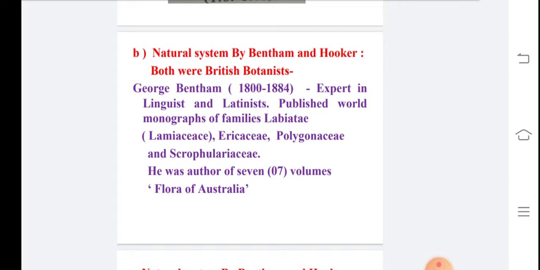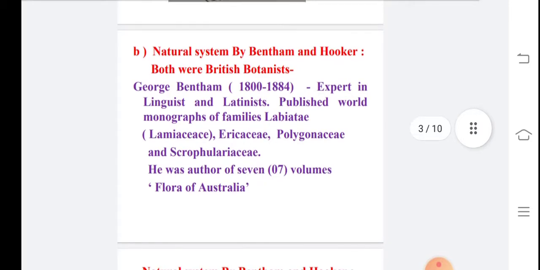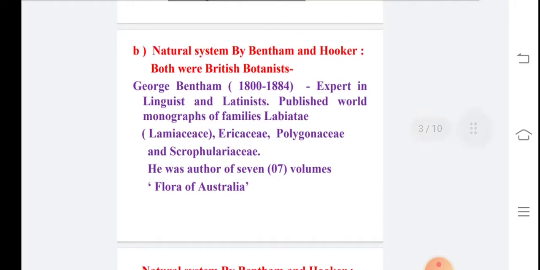Monograph means a detailed study of any one family or any one genus, in detail, that is habitat, habit, then other characters. We are going to see monograph flora in the next topic.